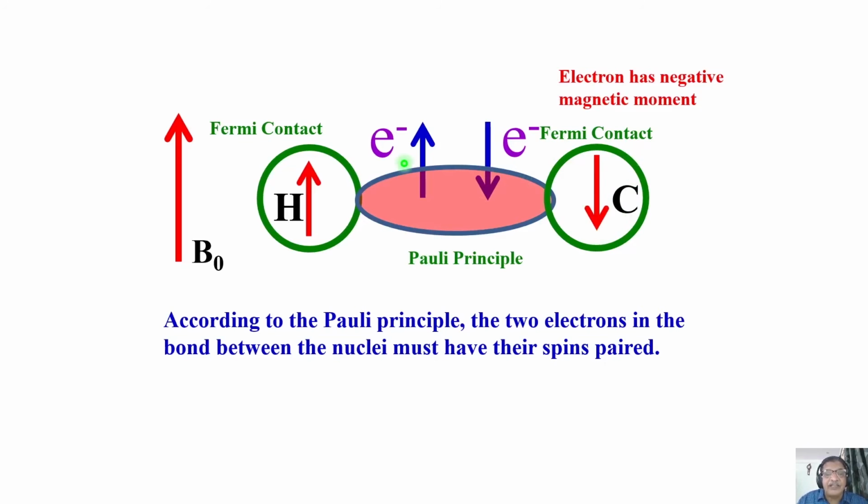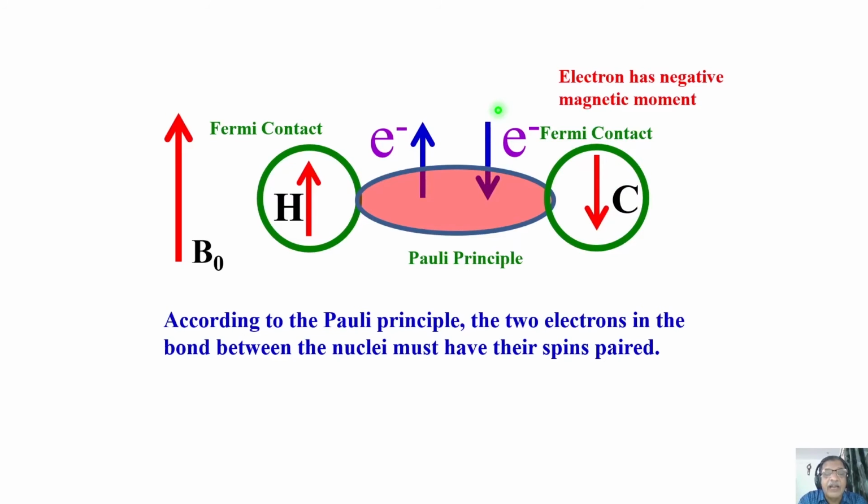So, the configuration can be easily understood in a simple diagram. I consider the parallel orientation of the magnetic moment, the lowest energy possible orientation of this nuclear spin in a direction parallel to the field. This orients the electron opposite to it. This electron gets paired with another electron which is in the sigma bond, and this electron orients this carbon nucleus opposite to this.